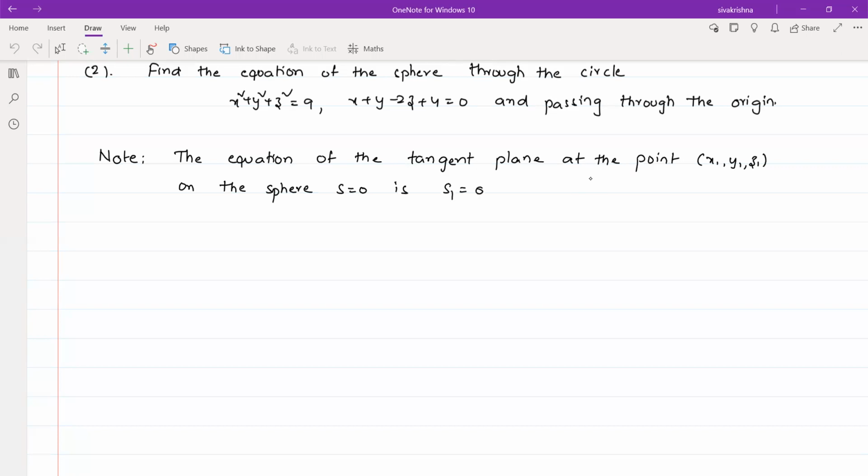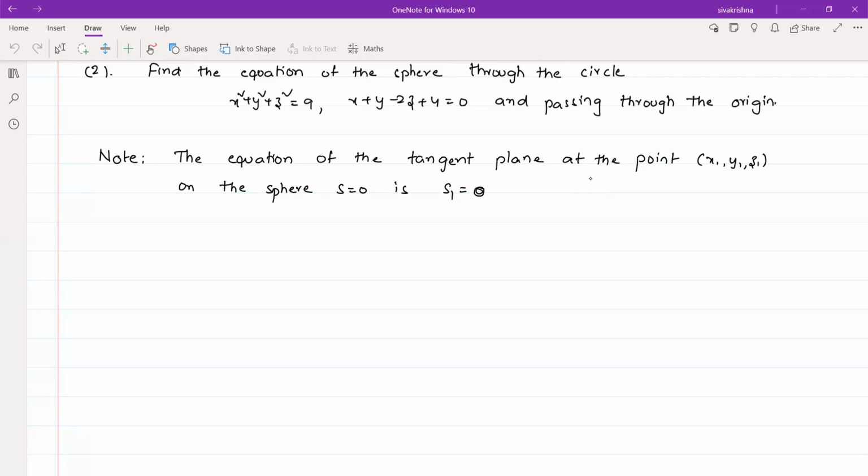So the equation of the tangent plane, it means whenever we have a sphere equation, if you want to find the tangent plane for the sphere at a point x1, y1, z1, then the formula for finding the tangent plane is S1 equals 0.